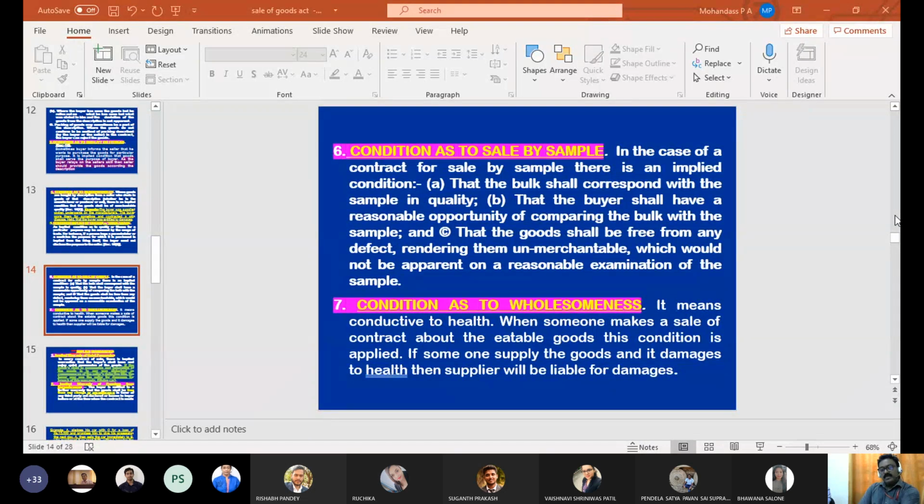So that's the reason I said you are not going to fight a case in the court. As an MBA student, the basic information should be very clear to you. Not as an MBA student, but as a citizen of this country, it is your responsibility to know what is called condition, what is called warranty, what is called guarantee. You also should know what is called implied condition, implied warranty.